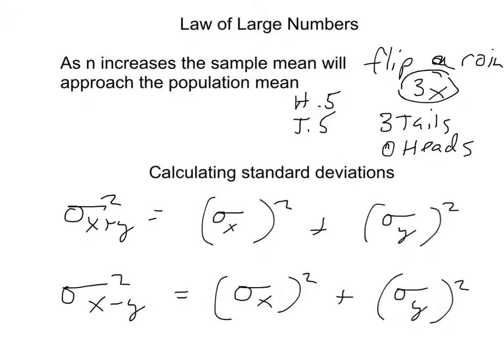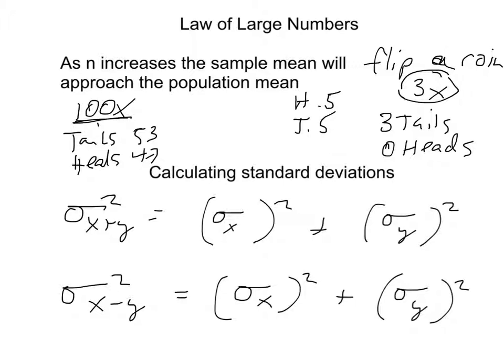But if we flip a coin 100 times, then you're going to expect to get a number of tails around 50. Let's say you get 53 tails and 47 heads. That's a pretty reasonable number, and that could happen because it's 100 times.